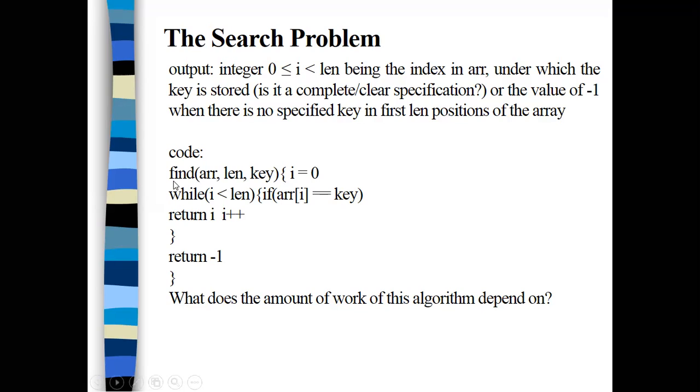So here we have code: we want to find a key in an array, given the array, length, and key. I is equal to 0, then we run a while loop while I is smaller than length. If array[I] equals the key, return I; if not, increment I by 1. However, if the return is -1, then the key was not found.